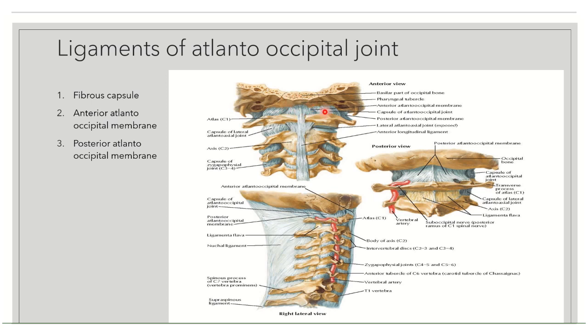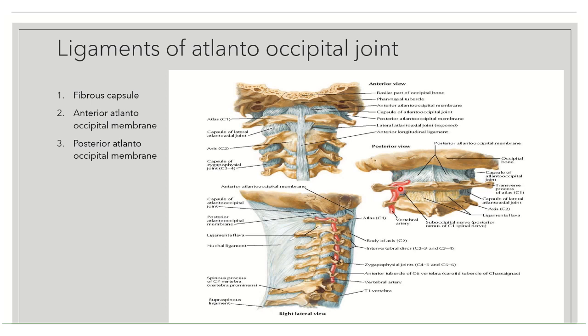Then we have the posterior atlanto-occipital membrane. You can see here, this is the posterior atlanto-occipital membrane. It extends from the posterior margin of the foramen magnum to the upper border of the posterior arch of the atlas vertebra. Infralaterally it has a free margin which arches over the vertebral artery and the first cervical nerve, and laterally it also merges with the fibrous capsule of the joint.